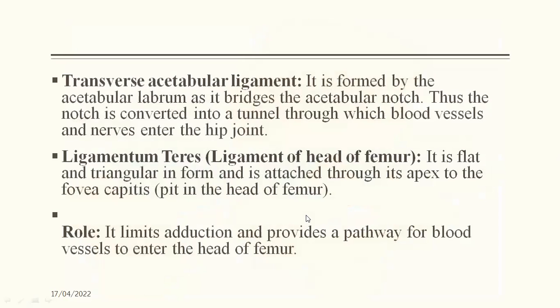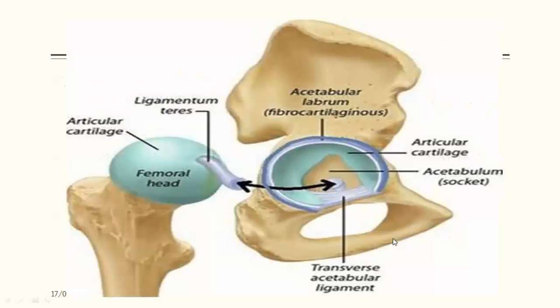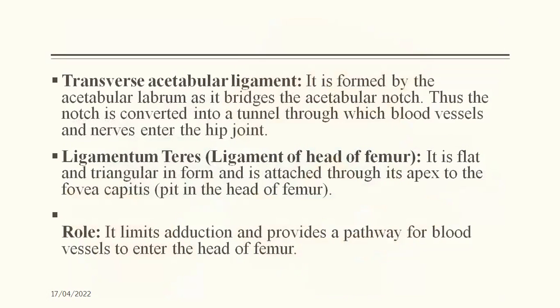Then the ligamentum teres, which has another name, the ligament of the head of the femur. It is flat and triangular in form and is attached to the apex of the acetabular notch. Its role is to limit adduction of the hip joint and provide the pathway for the blood vessels.